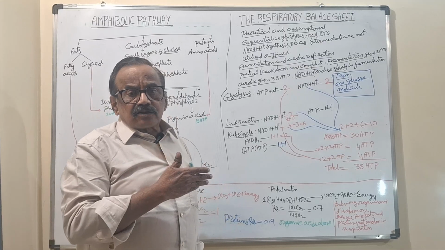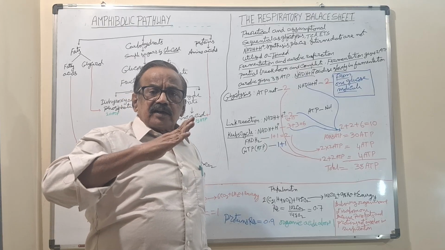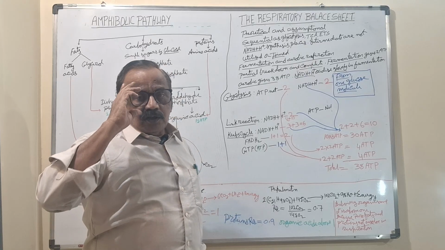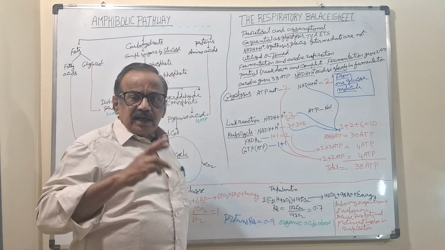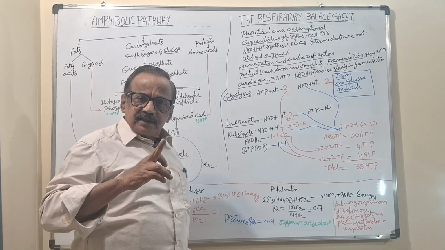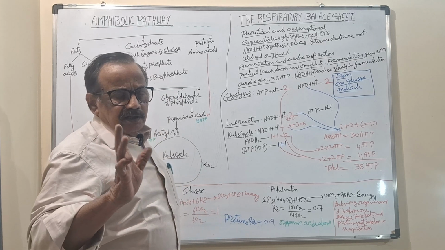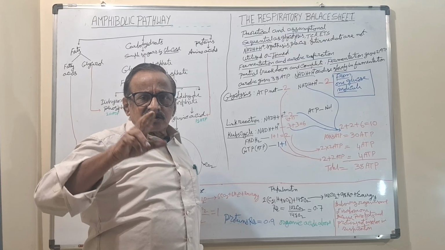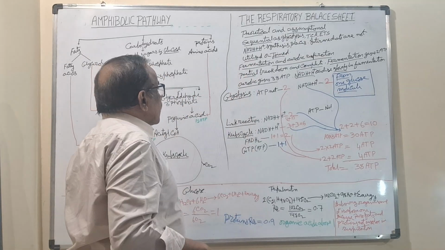These are the energy-storing molecules, and they will be converted into ATP in the electron transport system. Now, how many are produced in each step, and how many ATPs NADH will give rise to, all these things we are going to calculate and show in a sheet, that is the balance sheet.